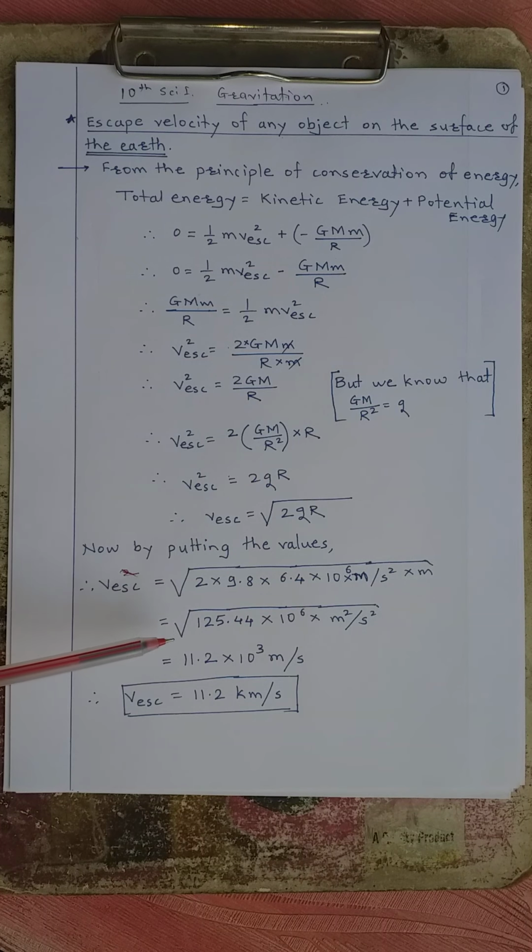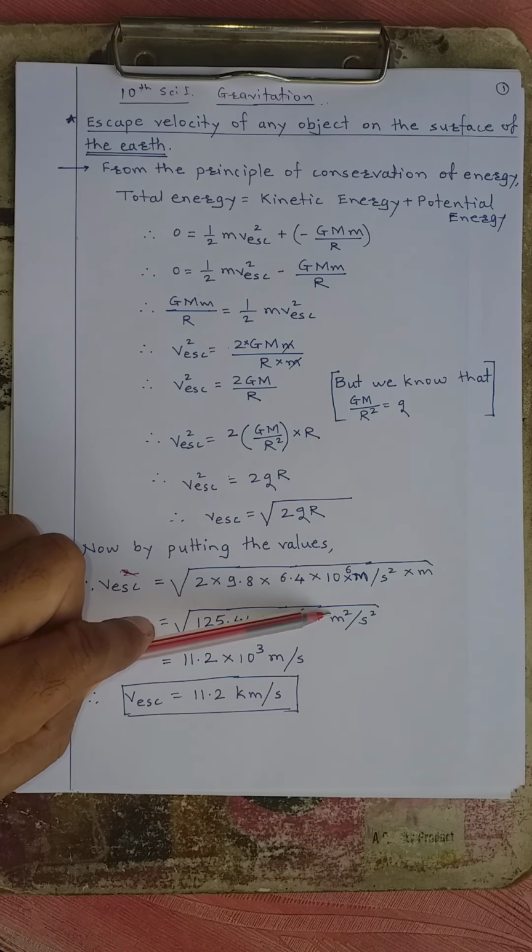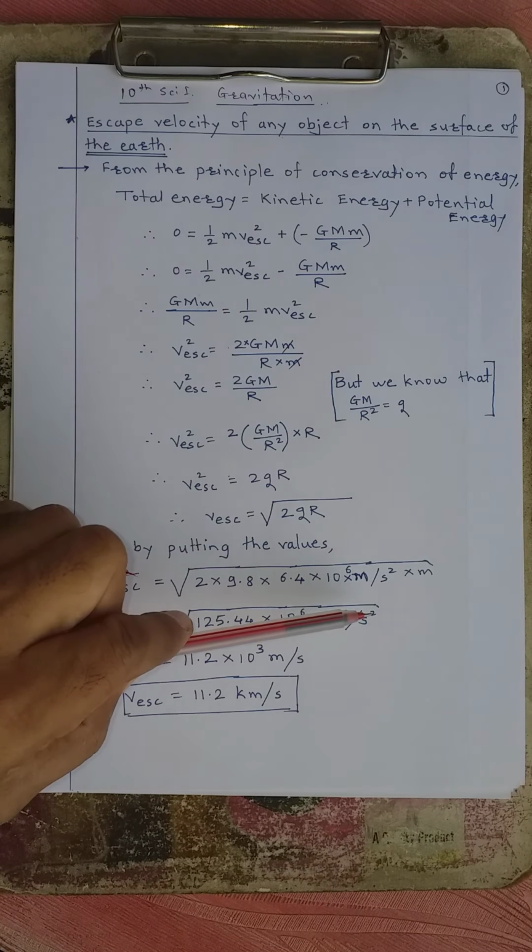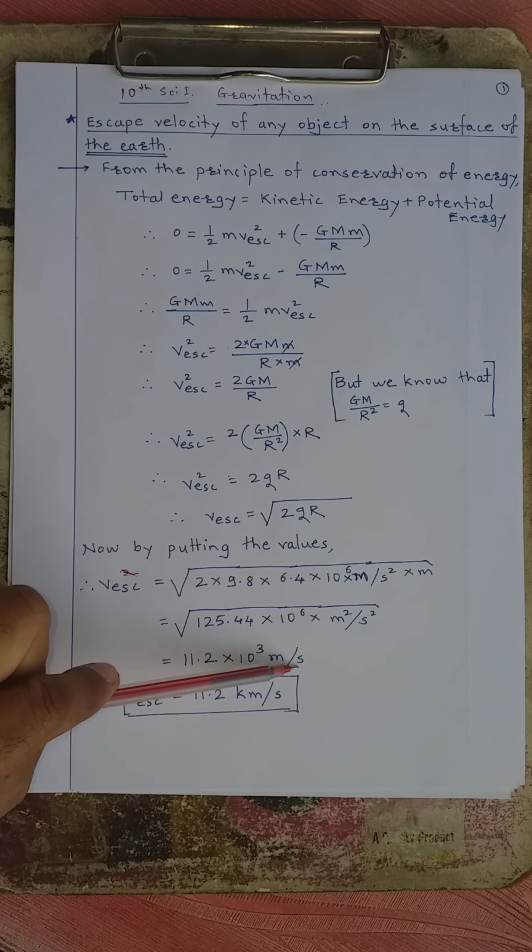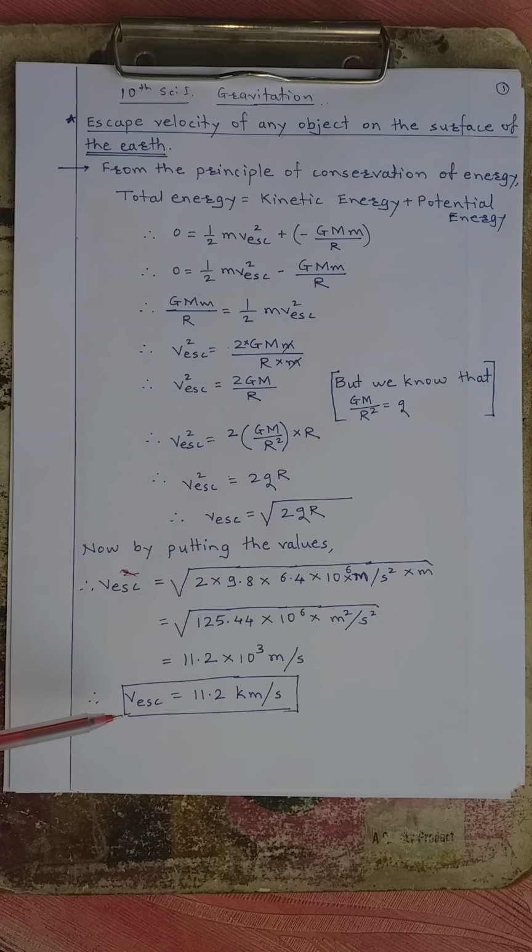Now by taking this square root, we will get the square root of 125.44, which will come to 11.2, into 10 raised to 6 square rooted to 10 raised to 3, then meter squared to m and second squared to s. Then we will find the value: escape velocity v is equal to 11.2 into kilometers per second.